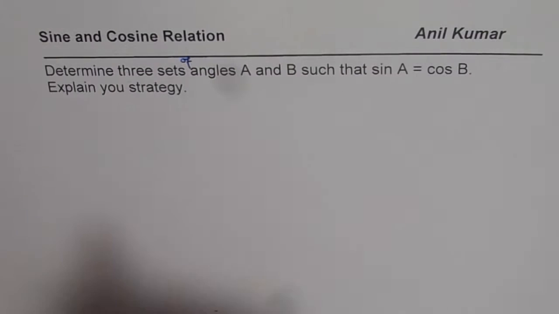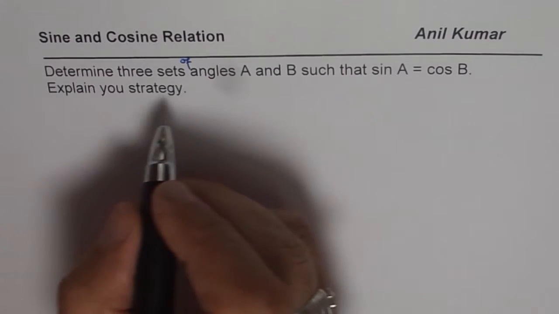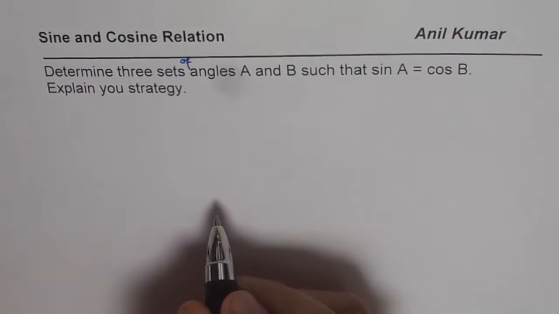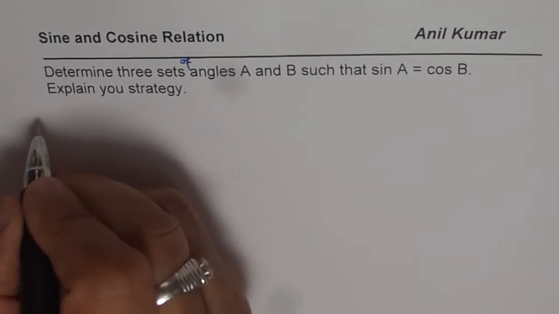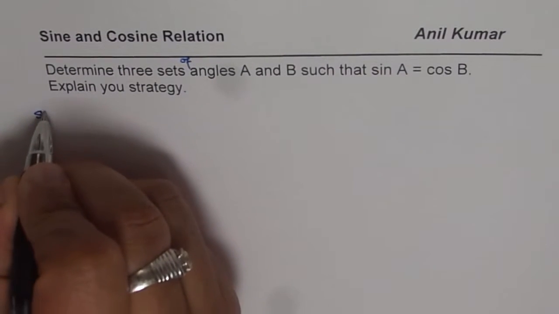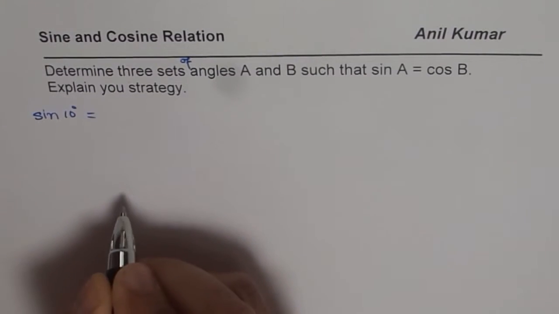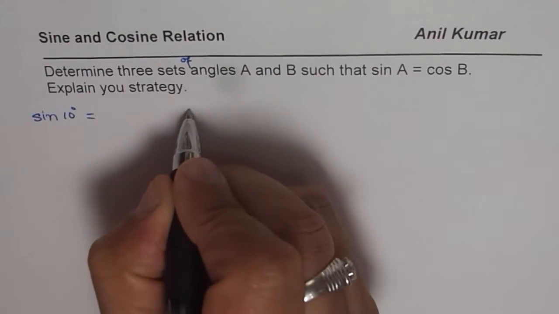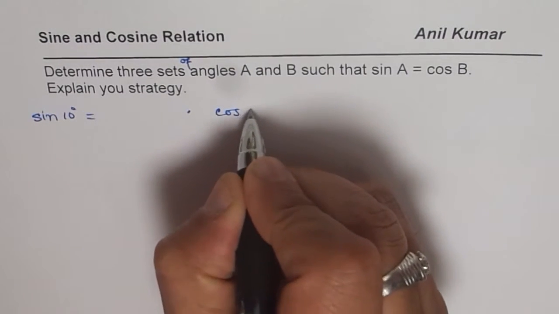Okay. Rather, let us start exploring this, investigate, and figure out how we get sine A equals cos B. So you can use your calculator and find the value of, let us say, sine of 10 degrees, and then calculate cos of 80 degrees.